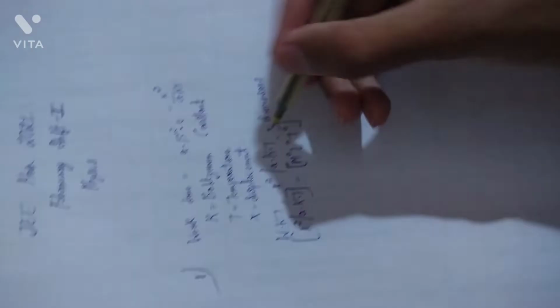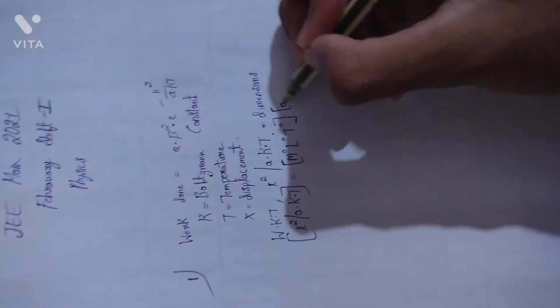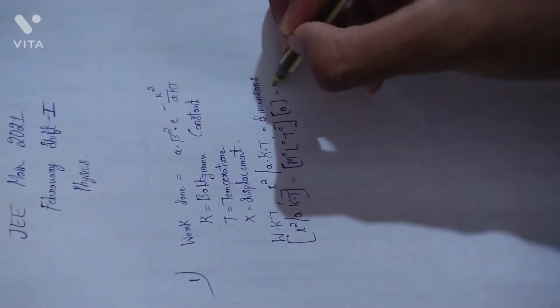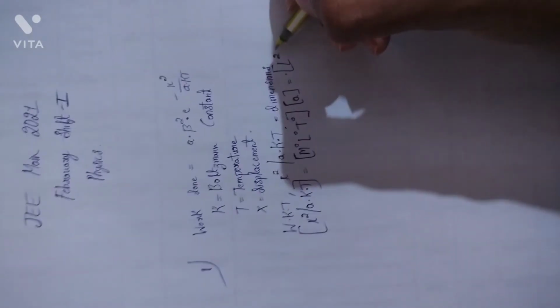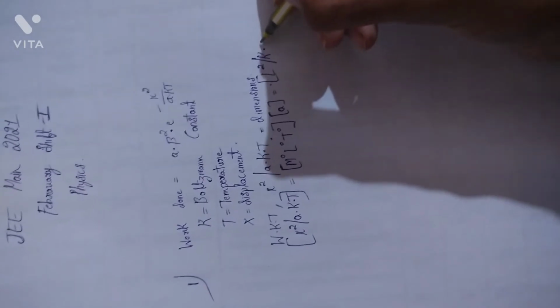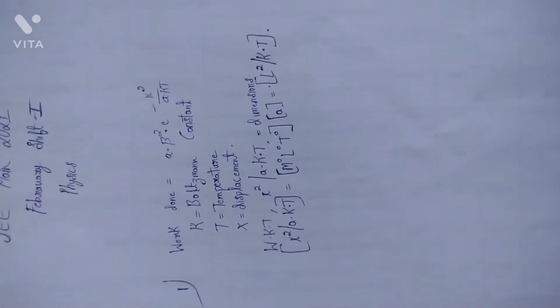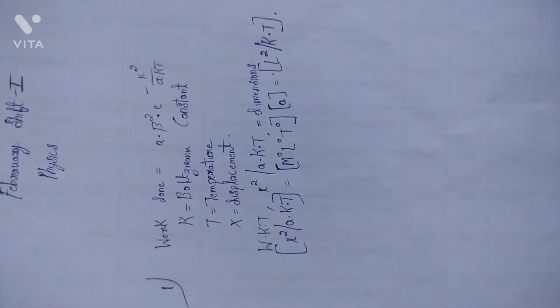A is common, so let us take it out. A is equal to L square by K into T, so we are making it one side.